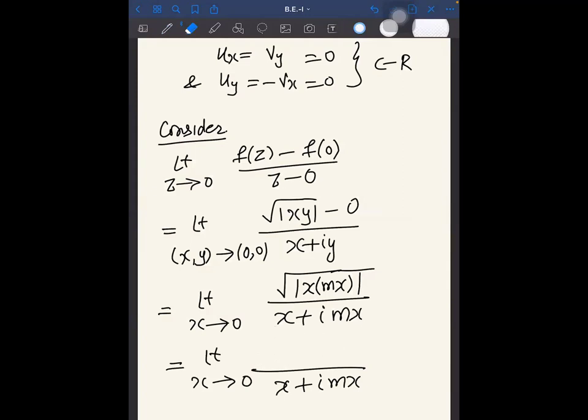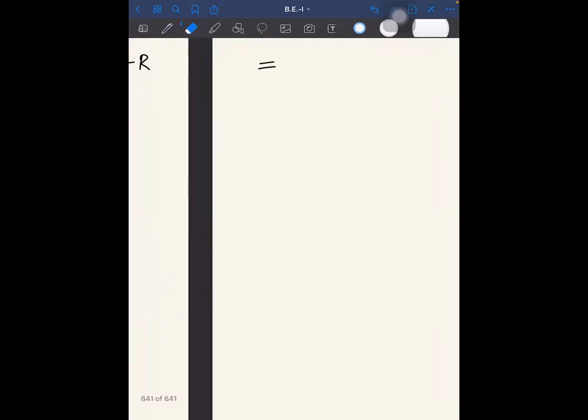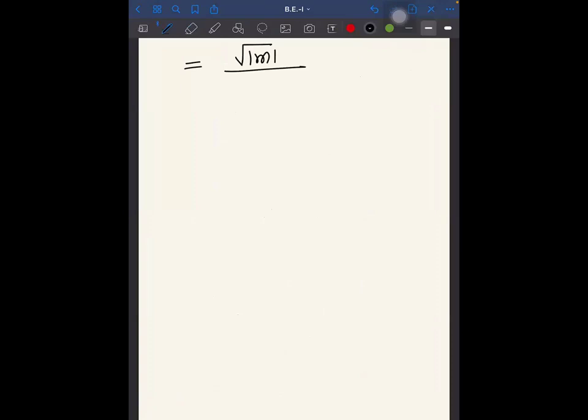So this will become under root mod m upon 1 plus iota m, which is again not unique.